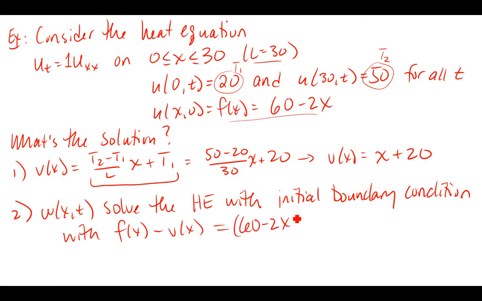Minus v of x, we just did that. So obviously here, what I have is 40 and negative 3x.